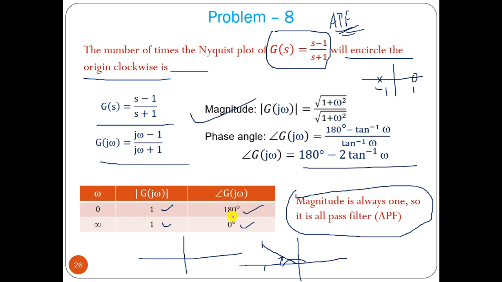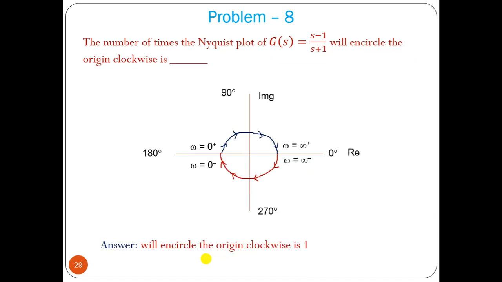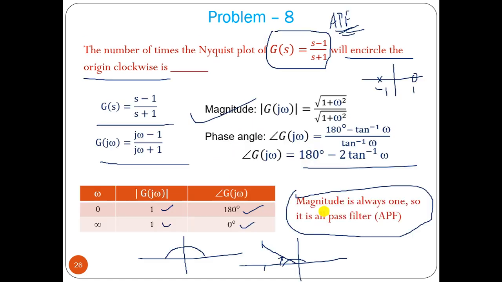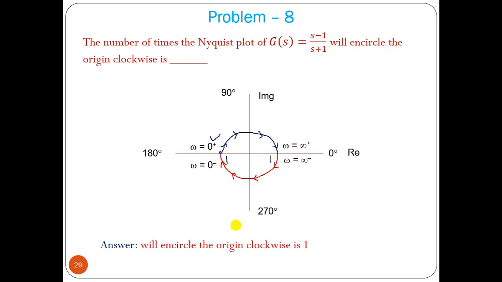At omega equal to 0, it should be on the 180 degree line, and omega equal to infinity, it should go to 0. So at omega equal to 0, it should be 1, then it should go to 0 degrees, and this is your inverse plot. So this is your polar plot, and this is your inverse polar plot.